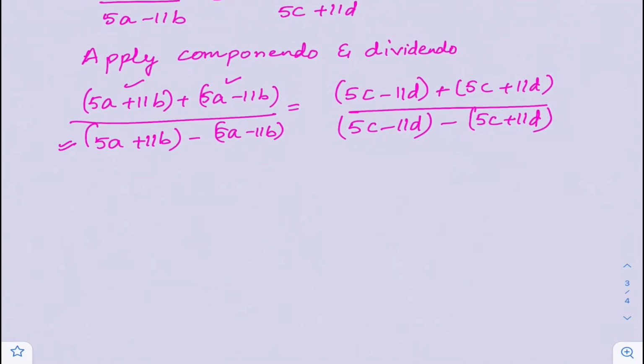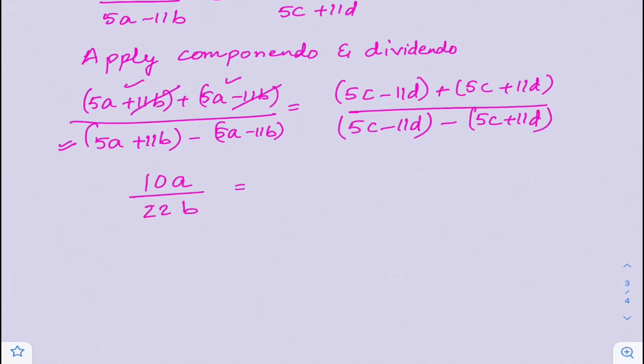In the numerator you can see clearly that 11b and minus 11b are getting cancelled, so we are getting 10a, and in the denominator if you open the bracket you will see 5a and minus 5a are getting cancelled, so we are getting 22b.